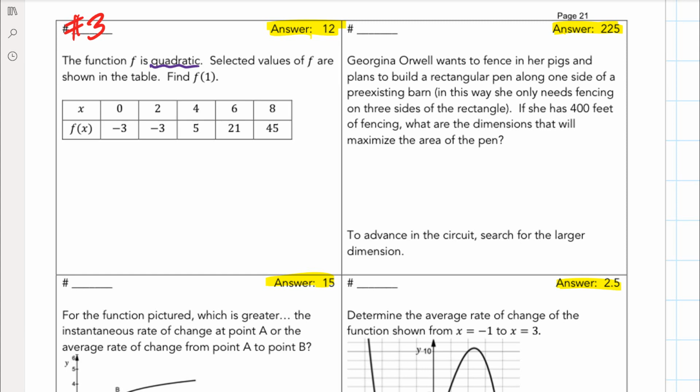Let's see. We need the function actually to do this. So how are we going to do this? Let's see here. What method should we choose? It's quadratic.